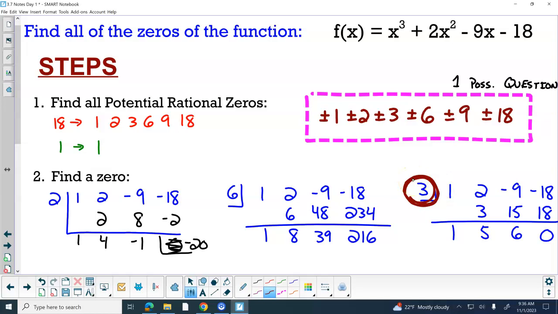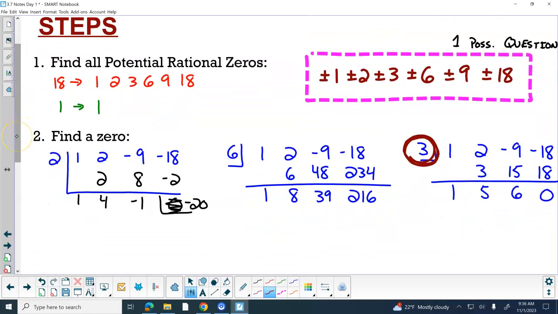So 3 is a 0, which means that what is the factor? X minus 3 is the factor.